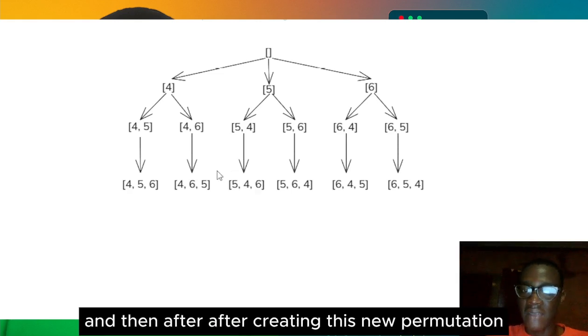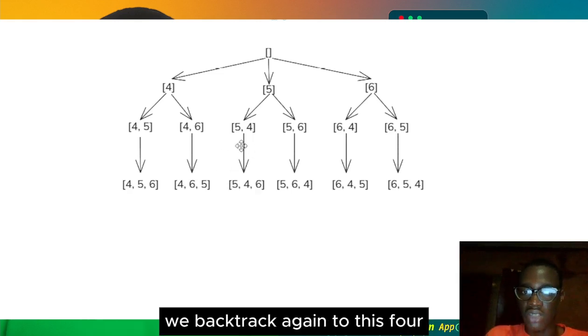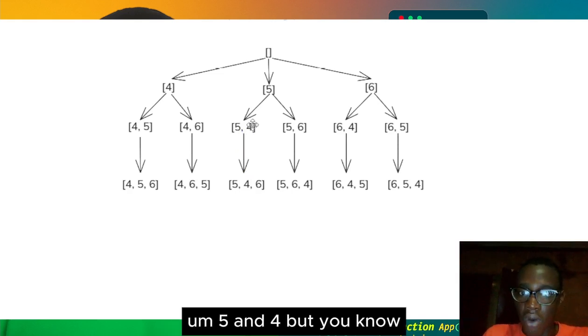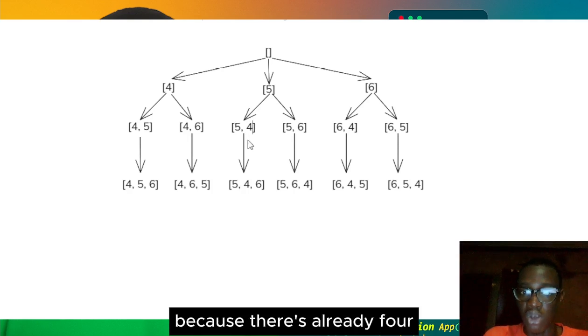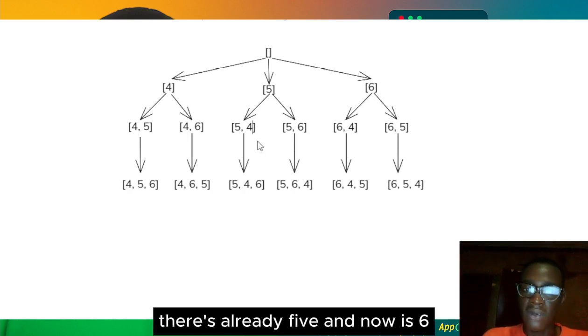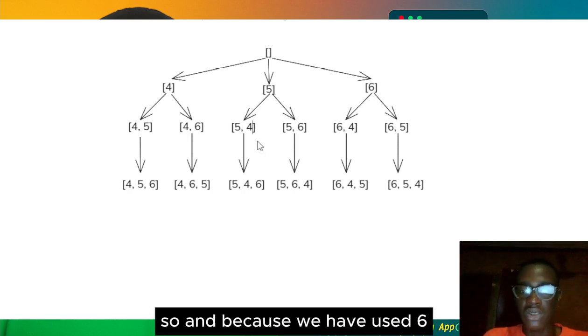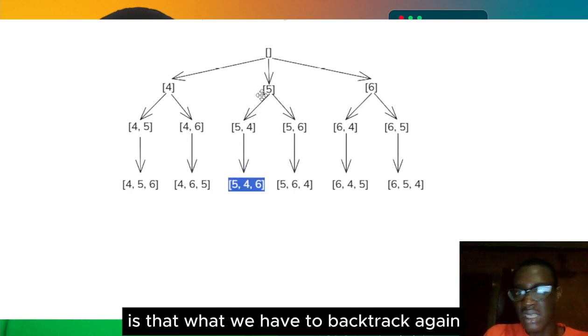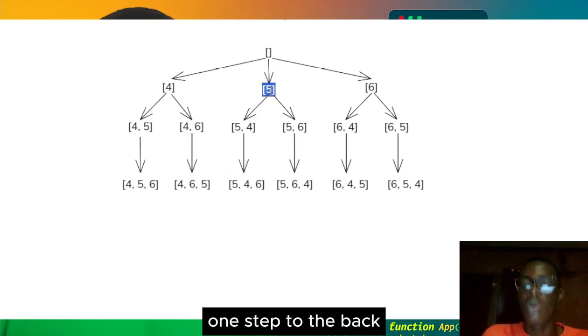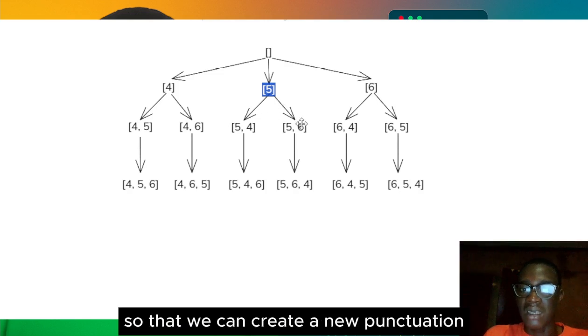After creating this new permutation, we backtrack again to 4, 5, but there's nothing to add aside from 6 at this point, because there's already 4, there's already 5, and now it's 6. Because we have used 6, we have to backtrack one step to the back, so that we can create a new permutation.